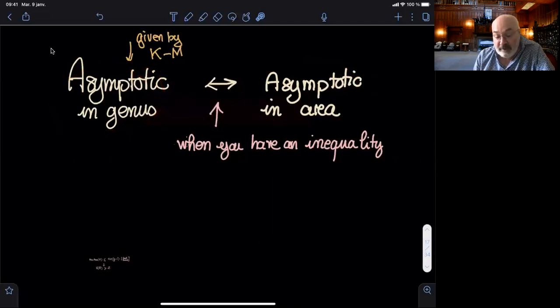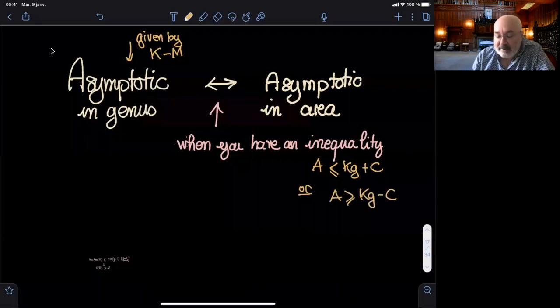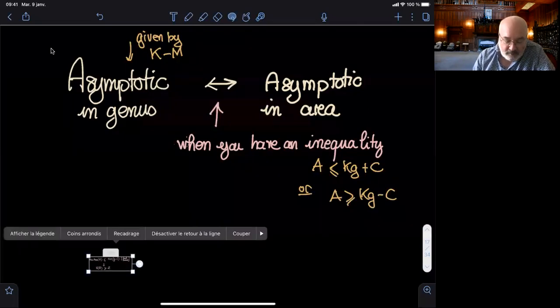Of course, if you have an inequality of the form, let's say A greater than Kg minus C, or Kg plus C, then you obtain an inequality for the asymptotic counting, and the inequality in the other way for the other counting. So let's give one example.